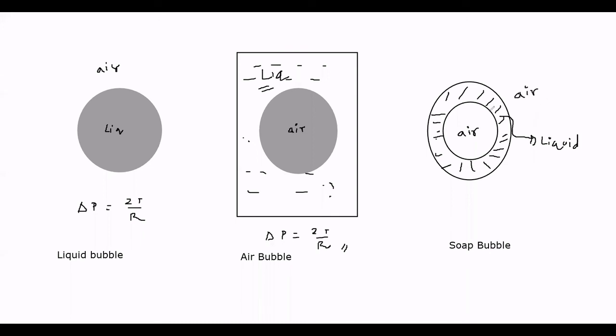So this is what actually happens in the case of a soap bubble. Now as you can compare, in the earlier bubbles, how many surfaces of air are there? Only one surface. So 2T upon R. In the soap bubble, how many surfaces of air are there? 1, 2, two surfaces. So here the only change in formula will be delta P is equal to 2 times 2T by R, which is equal to 4T by R.